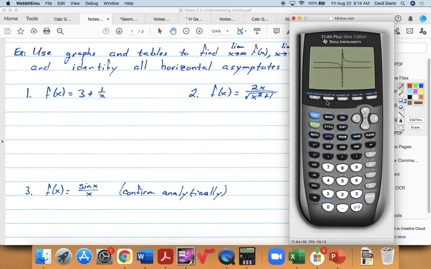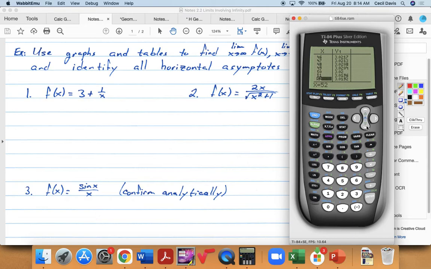So let's go to the table. And if you scroll down, you're like, man, these are all really close to 3. And we're only at 40, and we're already at 3.0 something.